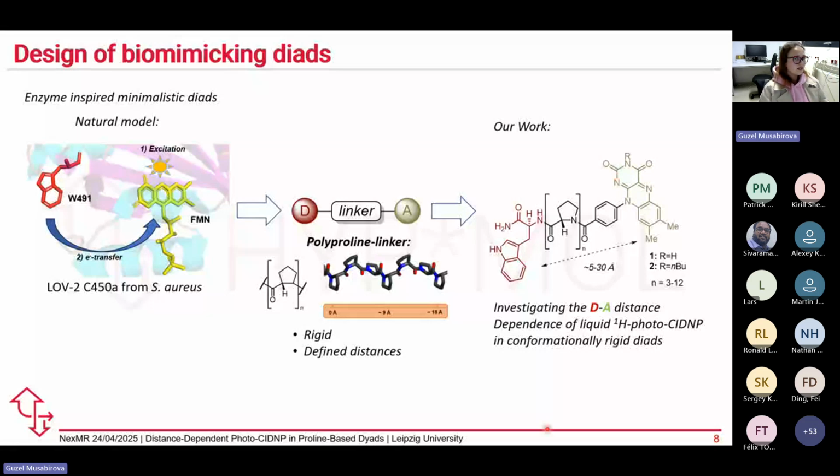Now let's take a look at the polyproline helices, which we used in our system. As we know, proline can adopt two conformations, cis and trans, and depending on that, it forms two different types of helices, polyproline helix 1 and 2.